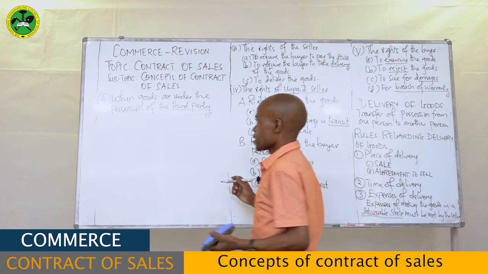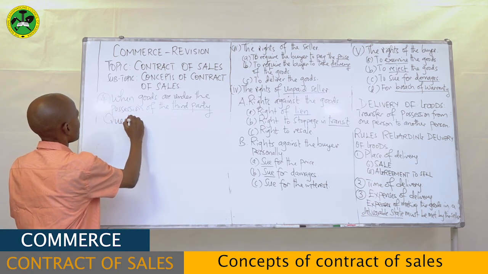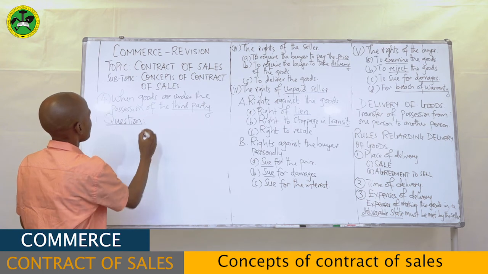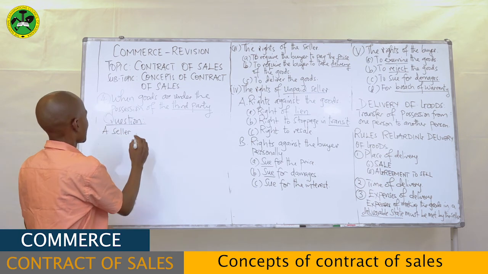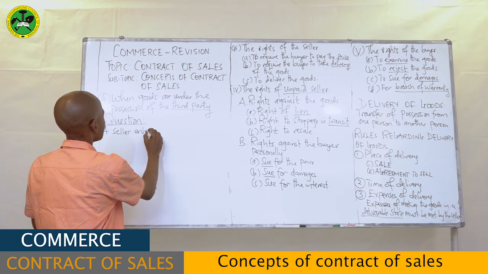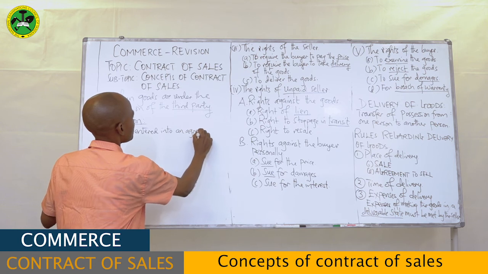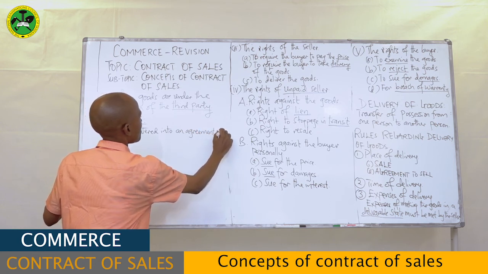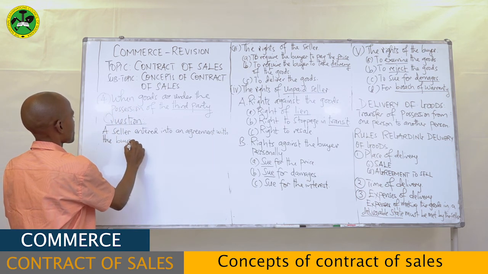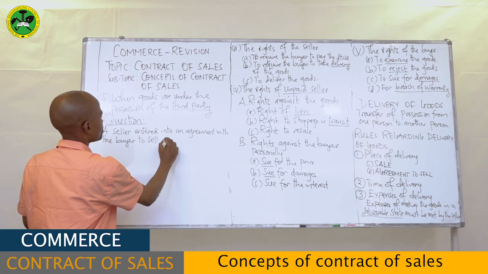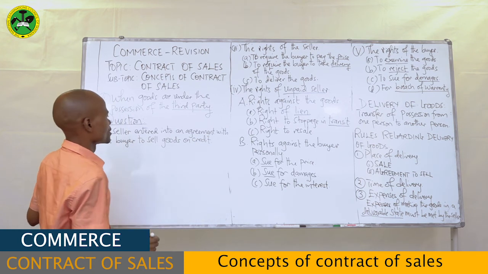Now, finally, let's see this question as a revision question. A seller entered into an agreement with the buyer to sell goods on credit.